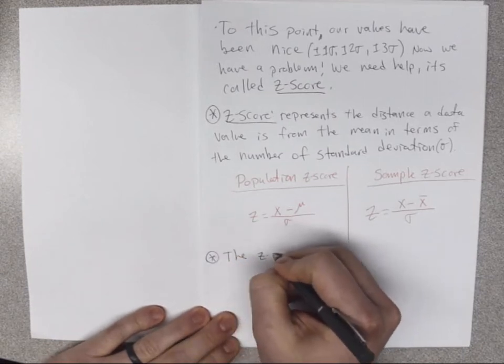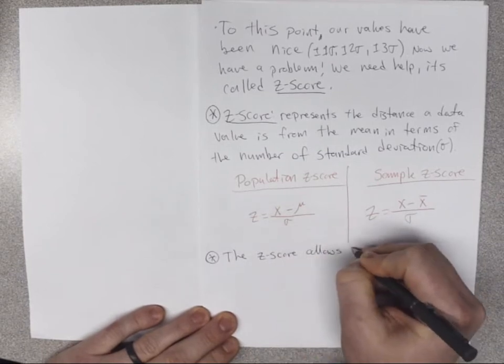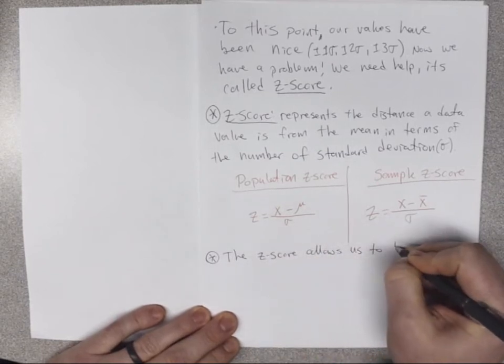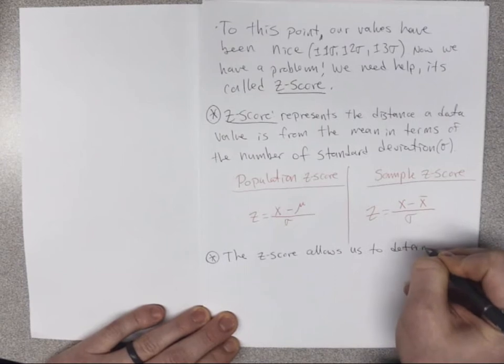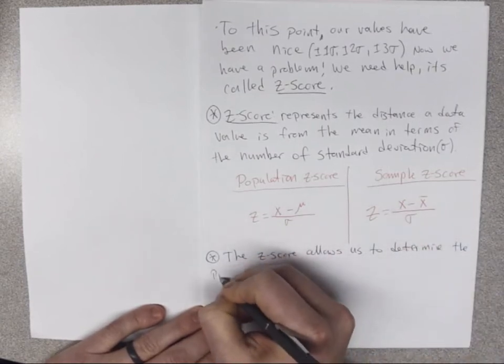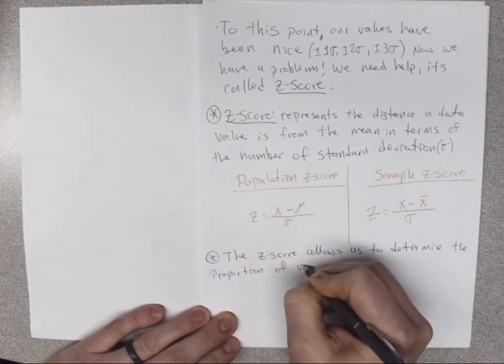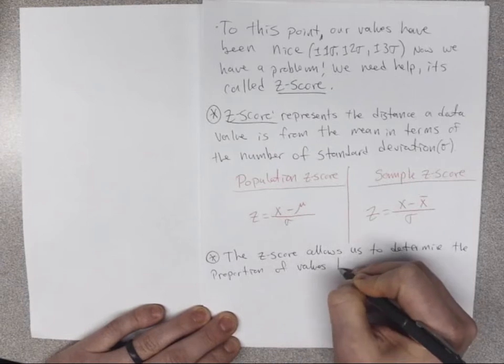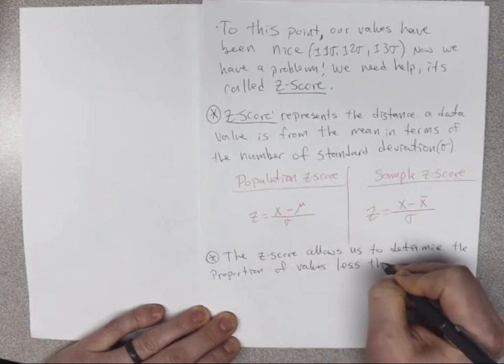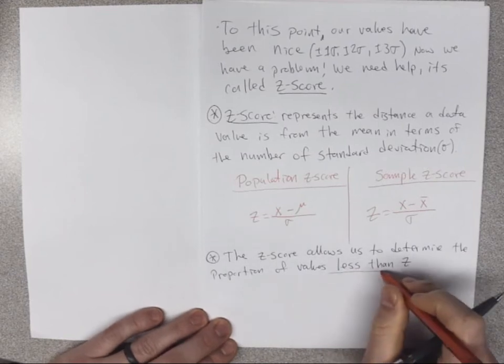The z-score allows us to determine the proportion of values less than z, and that's a big thing there. Keep that in mind as we're doing this.